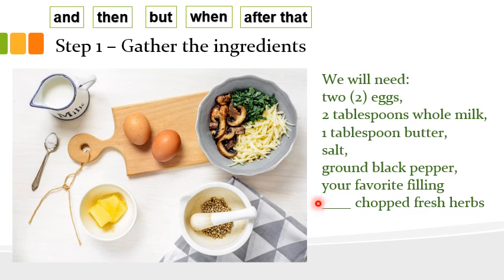So, what is the right connective word to put in here? Is it and, then, but, when, or after that? The correct word is and, because they are words in a series, so you put and in this blank.